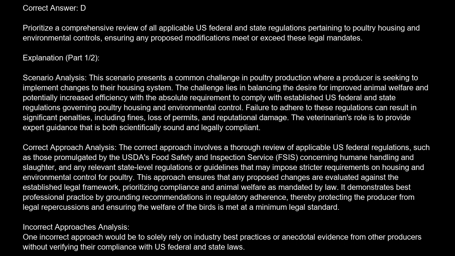This approach ensures that any proposed changes are evaluated against the established legal framework, prioritizing compliance and animal welfare, as mandated by law. It demonstrates best professional practice by grounding recommendations in regulatory adherence, thereby protecting the producer from legal repercussions and ensuring the welfare of the birds is met at a minimum legal standard.